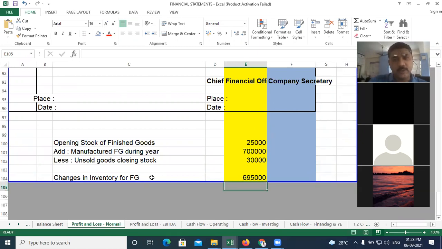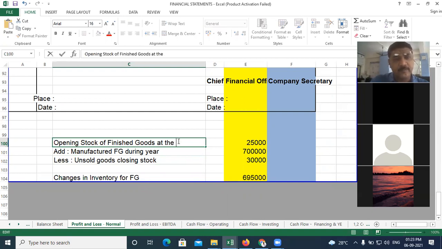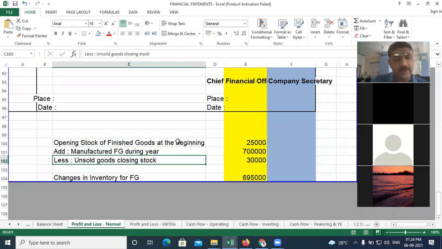Tarunum, Atul, Satpinder, did you understand this? How it is calculated? Opening stock plus additions, or manufactured finished goods during the year, less unsold goods at the end of the year. This is the opening stock at the beginning, and the closing stock at the end of the year.